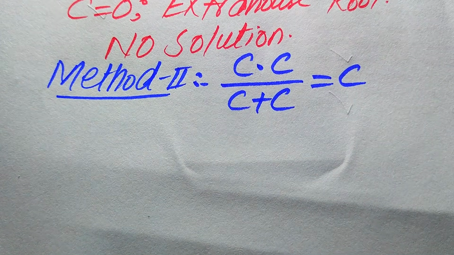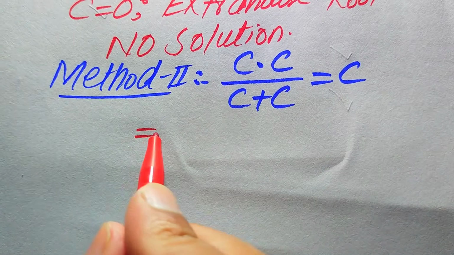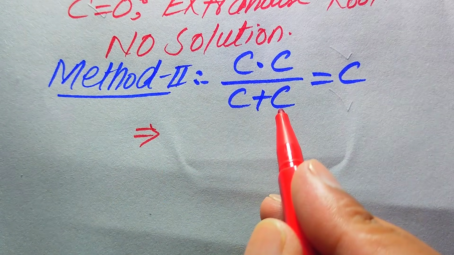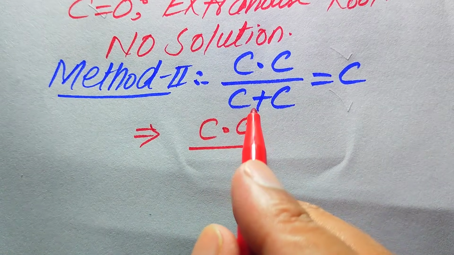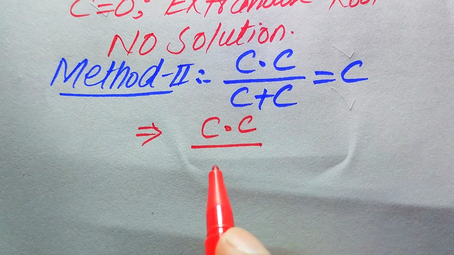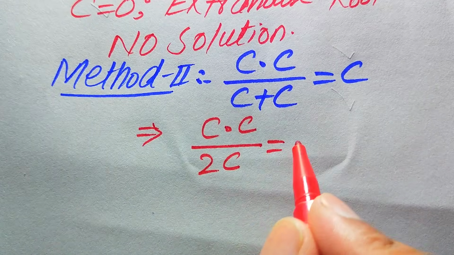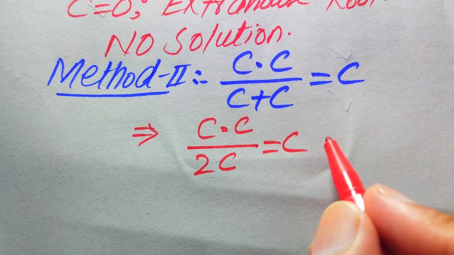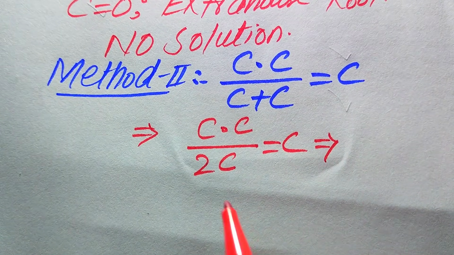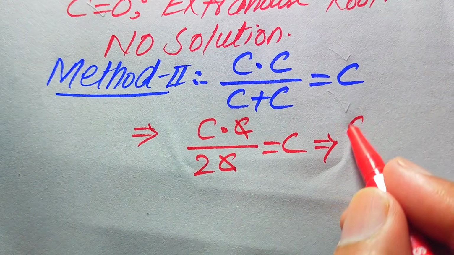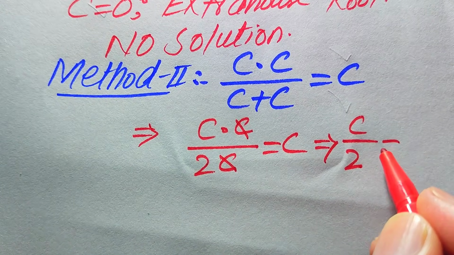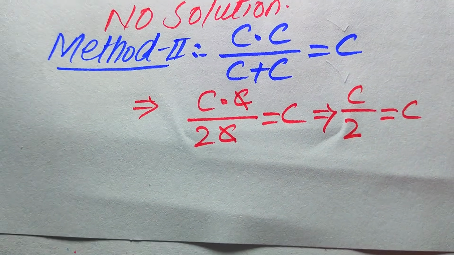So this is our given question statement, and here in this method we just first sum up both of these two values, and we write it as c times c divided by, here we have c plus c becomes 2 times of c, and this is equal to c. And this implies that you see here this c and this c are cancelled out by each other, and we get the remaining values in the left hand side, c divided by 2 is equal to c.